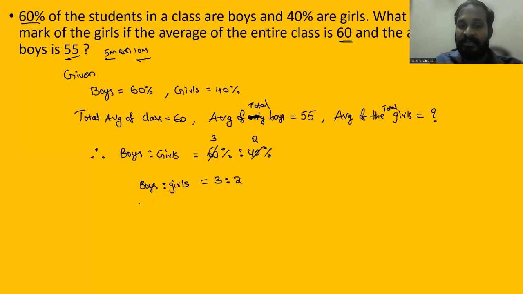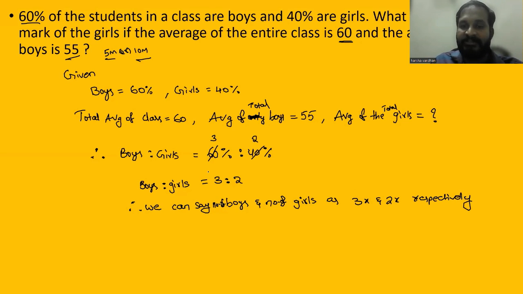From this, what we can say is that the number of boys and number of girls are 3x and 2x respectively.